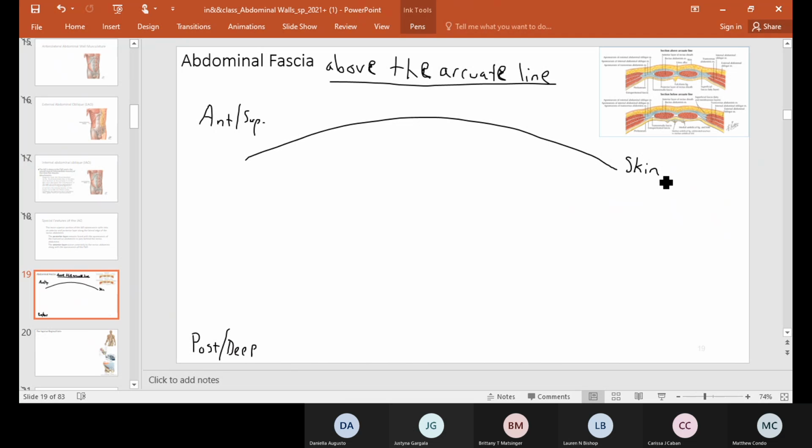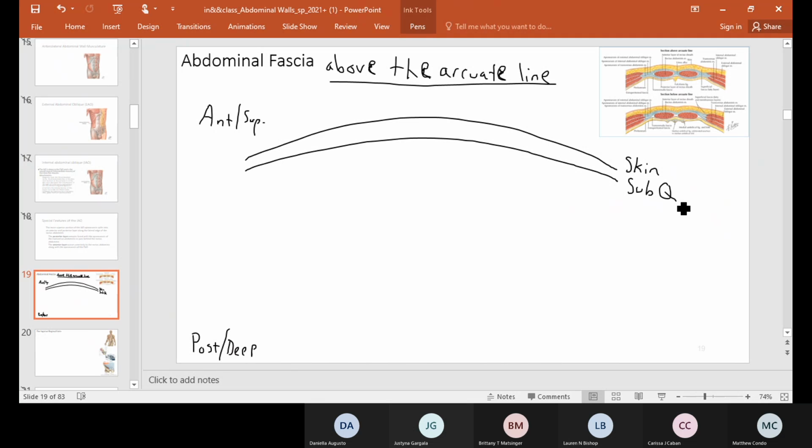So we're going to have the layer of skin, then subcutaneous tissue, we're going to put sub-Q. And then we're going to have our 3 layers of muscle.